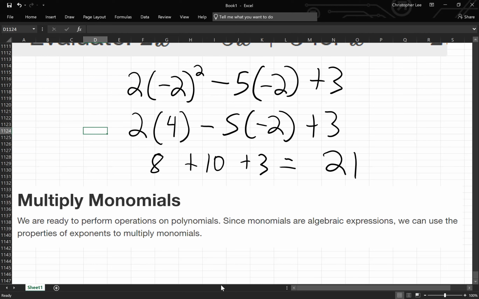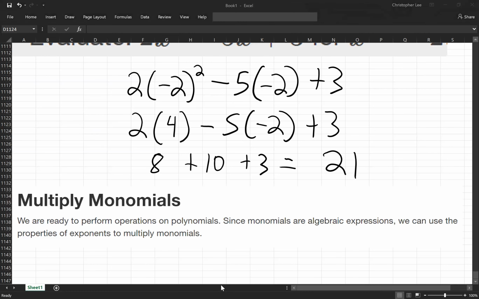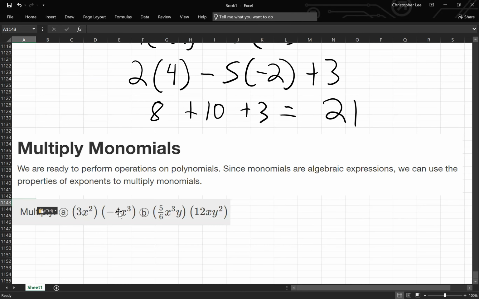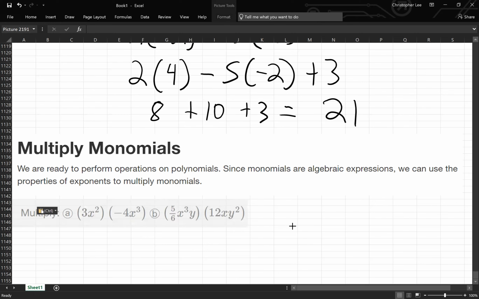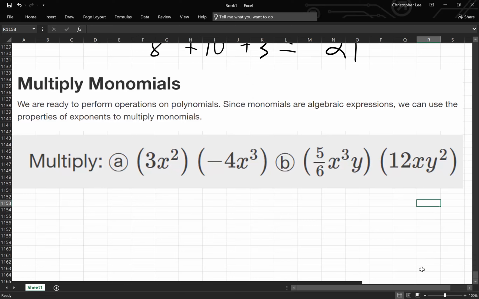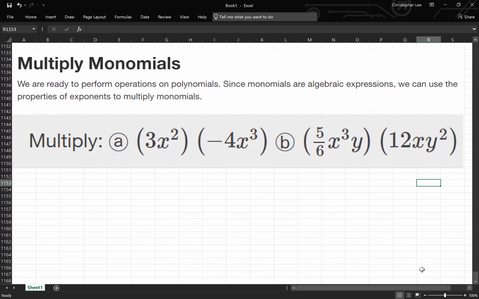Let's take a look at what that is. I'm sure you guys have seen it in the homework already, so you're not surprised. This is multiplying the monomials, right?